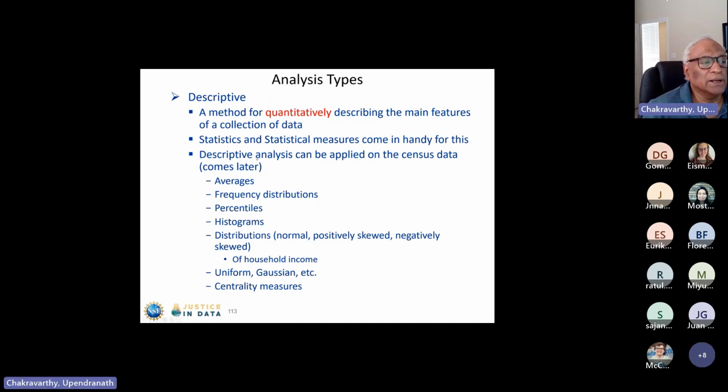For example, you can apply descriptive analysis to census data that you're familiar with. You can compute averages, frequency distributions, percentages, histograms, distributions of household income, various types in there. So you can play with the data and determine a bunch of useful information.